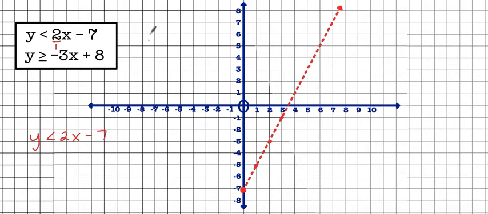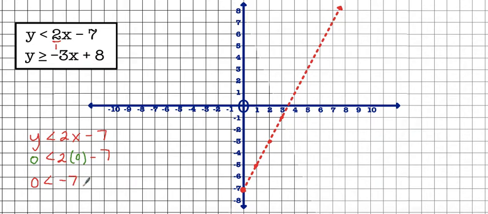If we substitute x and y for 0, 0, we end up with 0 is less than 2 times 0 minus 7. So 0 is less than 2 times 0, which is 0, minus 7 is negative 7.